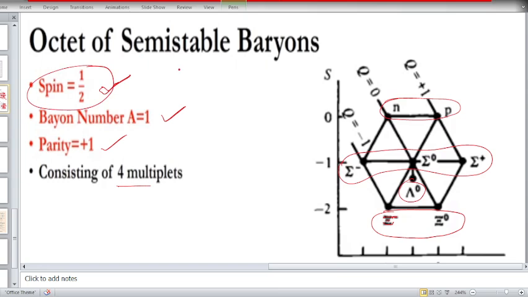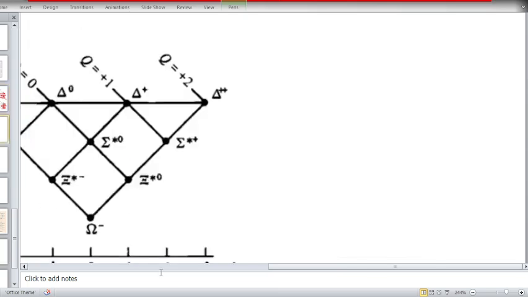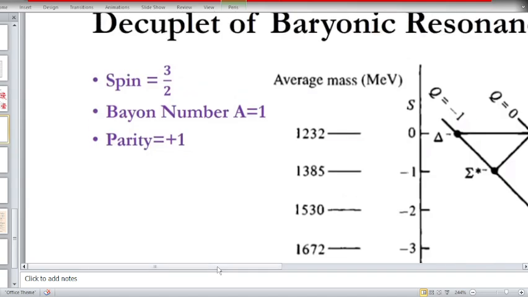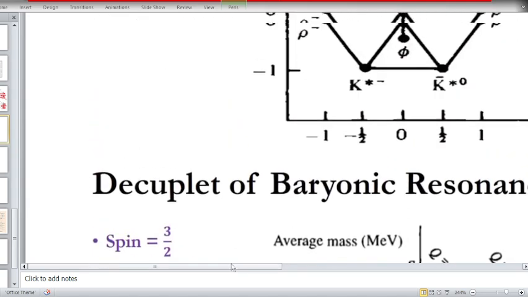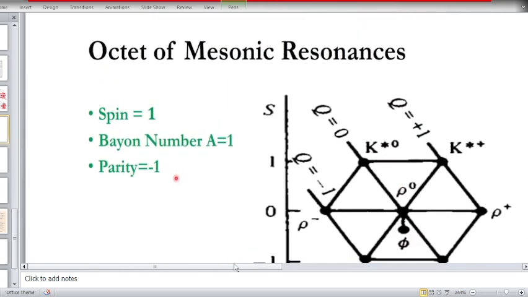Now we'll move to the next group, the octet of mesonic resonances. We have already discussed resonances in the last class. In the case of mesonic resonances, we have particles like K0 star and K plus star.